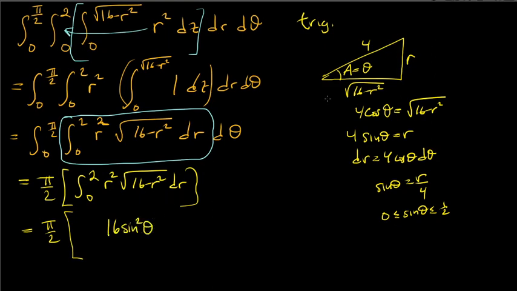And the square root of 16 minus r squared becomes 4 times cosine of theta. Oh, well, maybe this isn't so bad. And dr is also 4 times cosine theta d theta. So you're going to get cosine squared. And theta is going from 0 to the arcsine of 1/2, which is pi over 6.